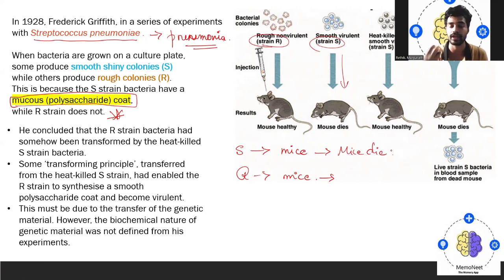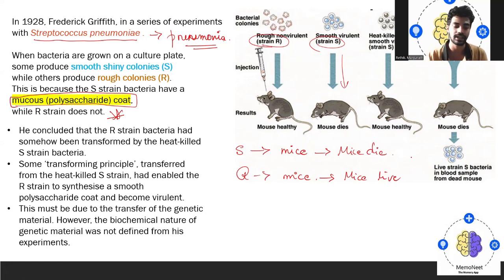Whereas when the rough R strain was injected, the mice did not die and continued its life. The mouse was still healthy when R strain was injected.